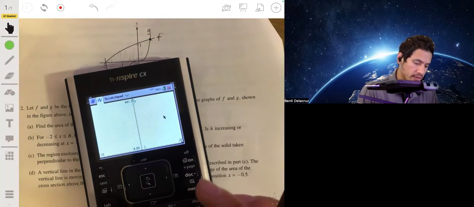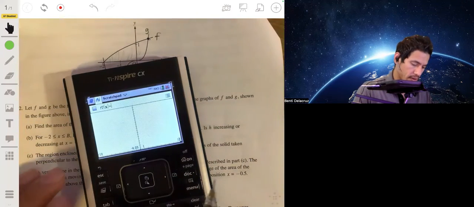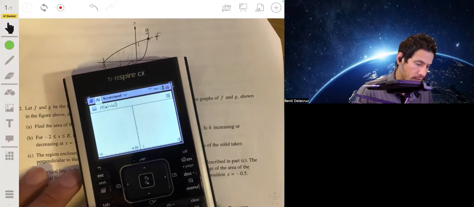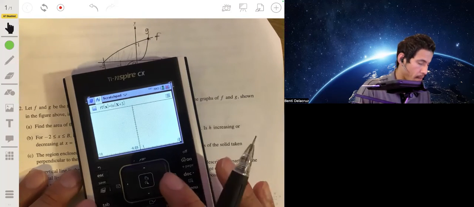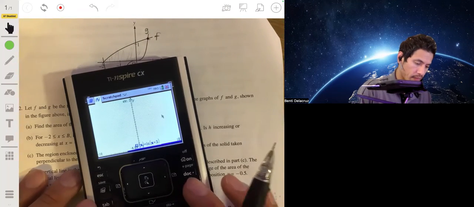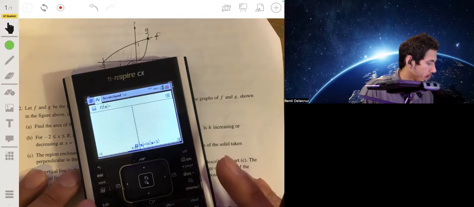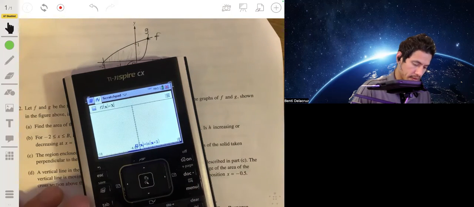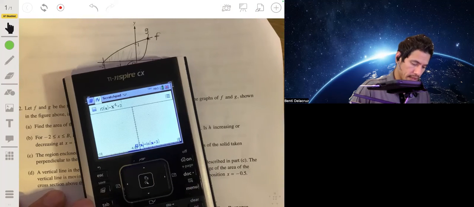Let's delete everything. Graph function. Natural log of x plus 3. Graph function. x to the fourth plus 2x cubed.